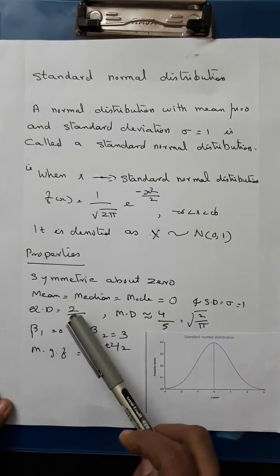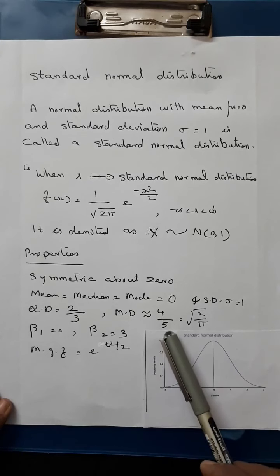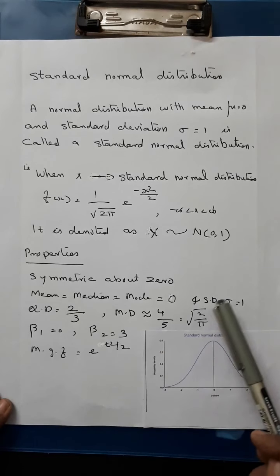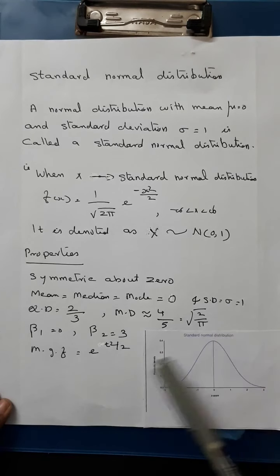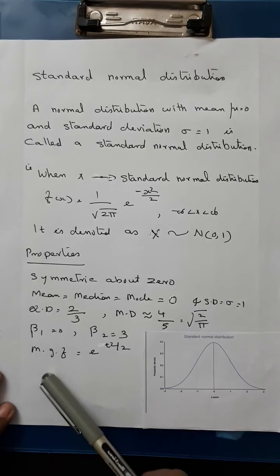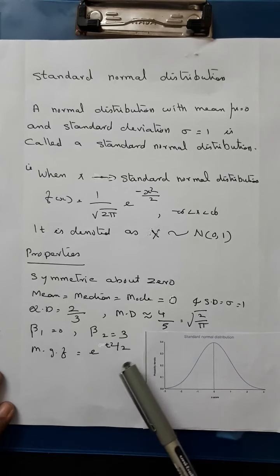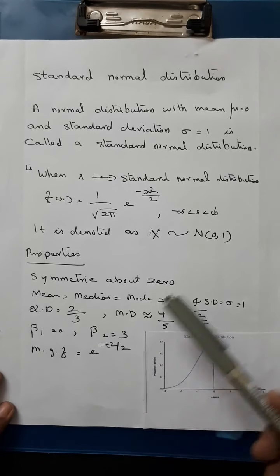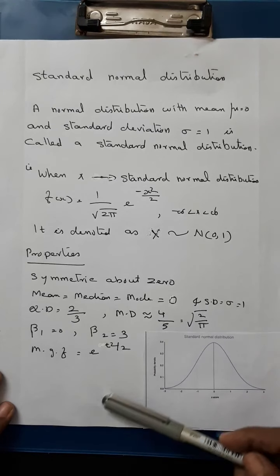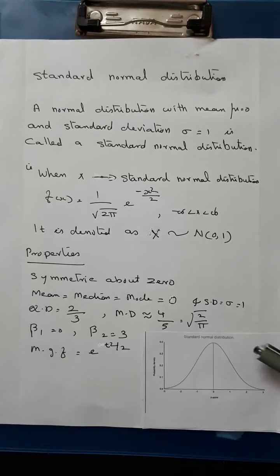Quartile deviation is 2 by 3. Mean deviation is 4 by 5 approximately, that is root of 2 by pi. Beta 1 is 0, beta 2 is 3. And the moment generating function is e raised to t square by 2. These are the important properties of a standard normal distribution.